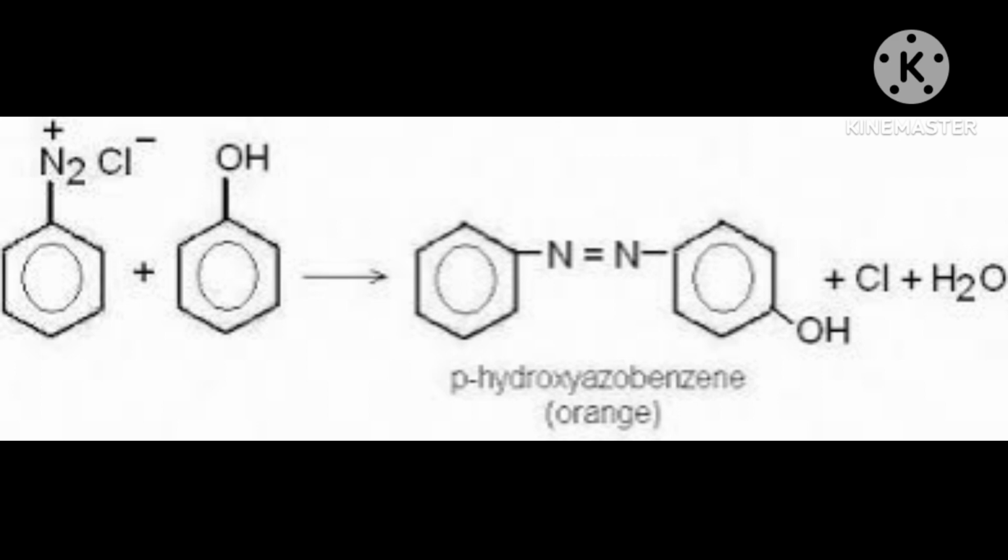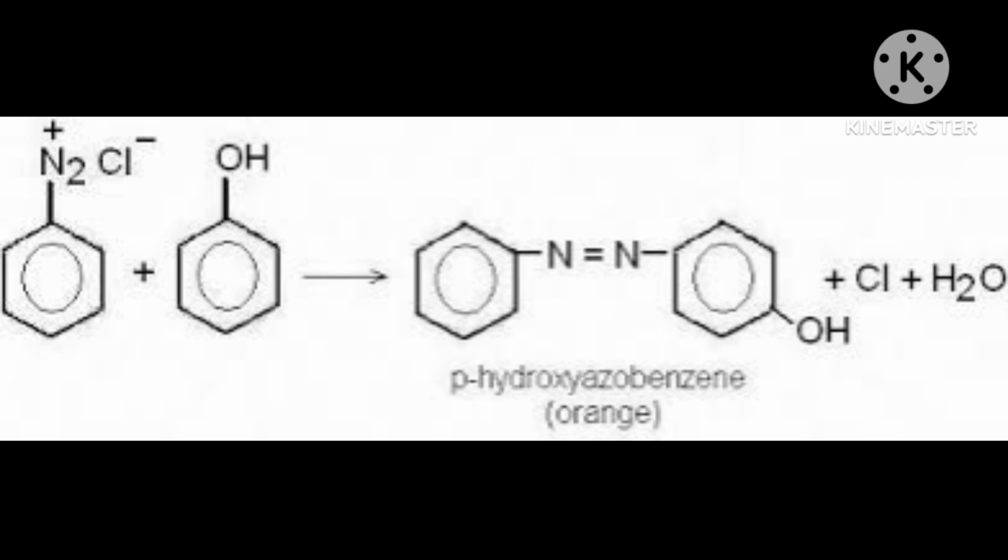Then the same reaction will take place. H and Cl will react and go as HCl, carbon will become negative, nitrogen becomes positive, both will join like the previous reaction. Then again you will get a long chain. All things are the same, only in the place of OH, NH2 is there.